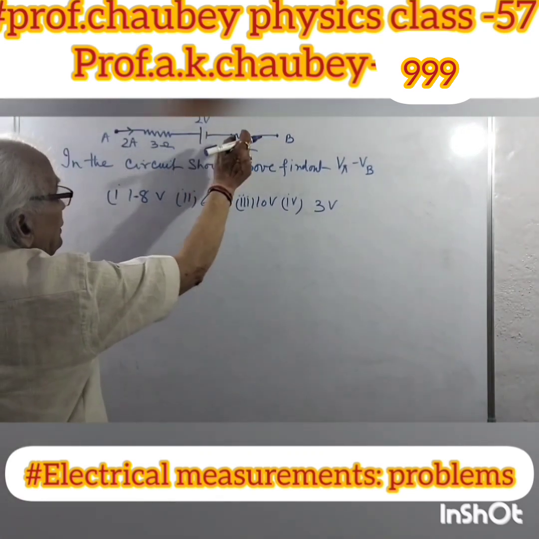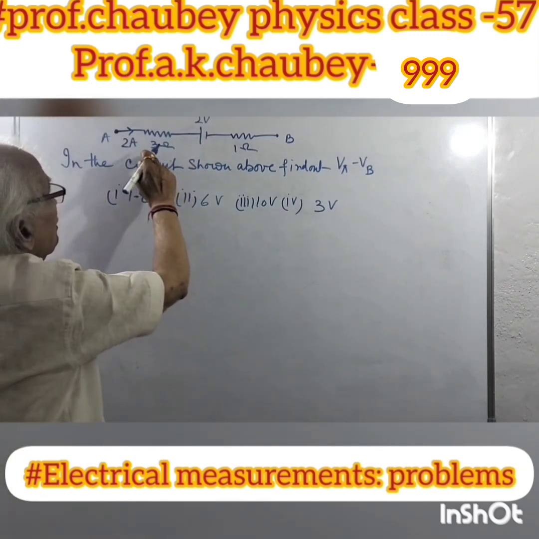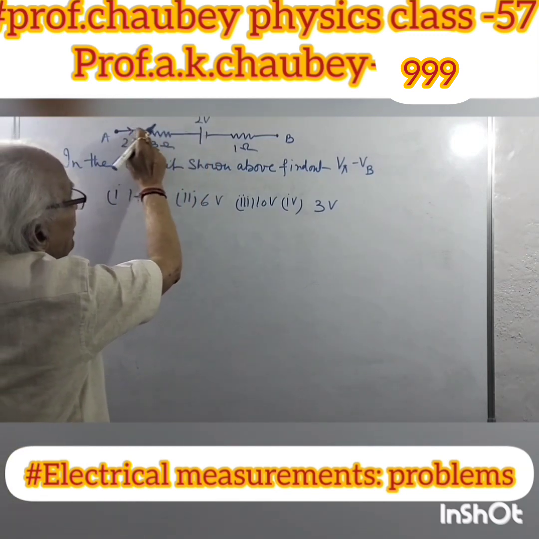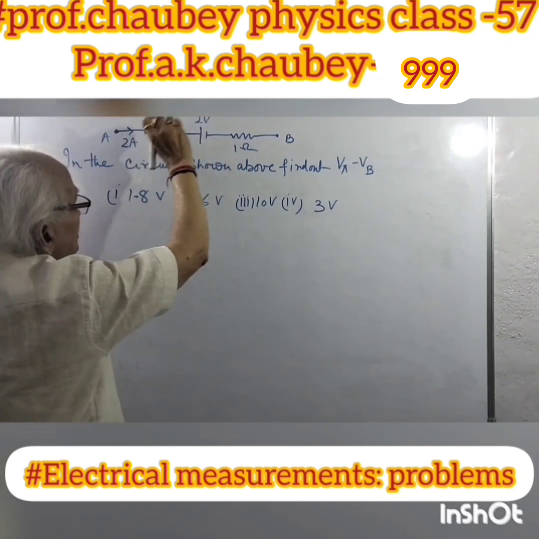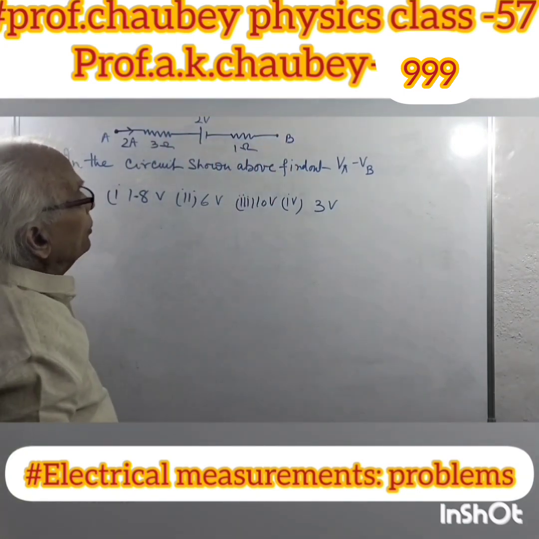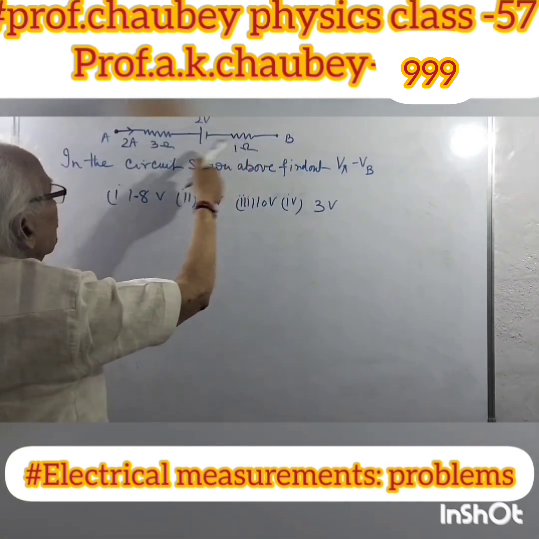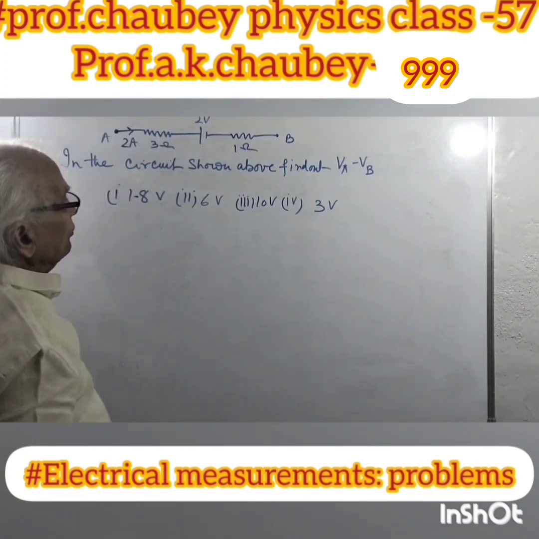And the battery is opposite. So what will be the total? Because the current flow here is such that the potential is decreasing this way, I think you have to add all the potentials because it is opposite. So all potentials are of the same type.